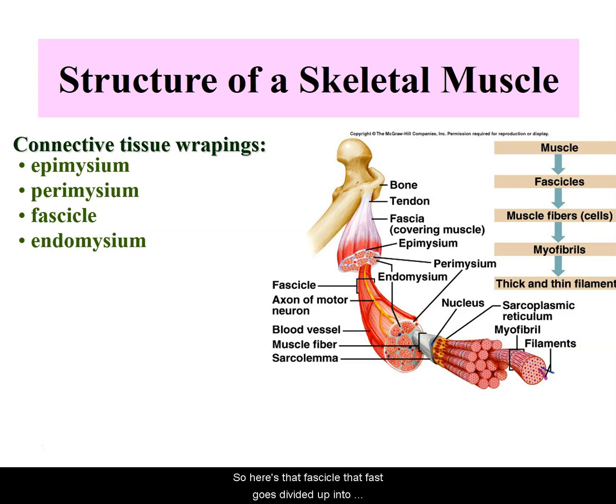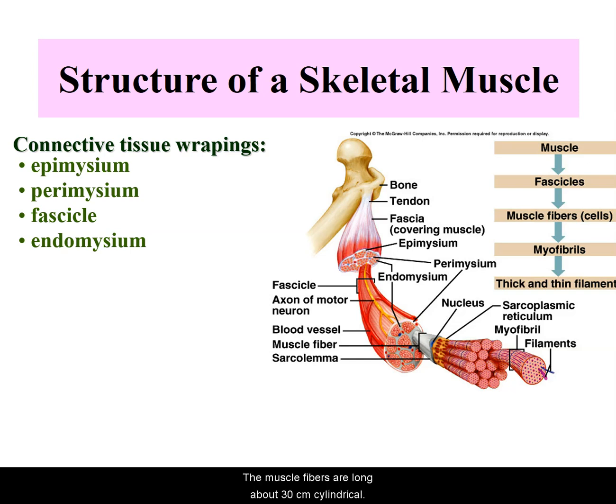Here's that fascicle, and that fascicle is divided up into bundles of fibers, a myofibril and a myofilament. The myofibrils are those fibers that make up those bundles. The endomysium will surround each one of those bundles of muscle fibers.